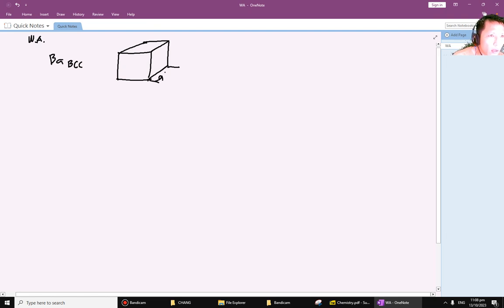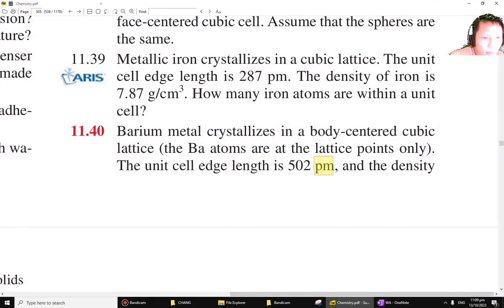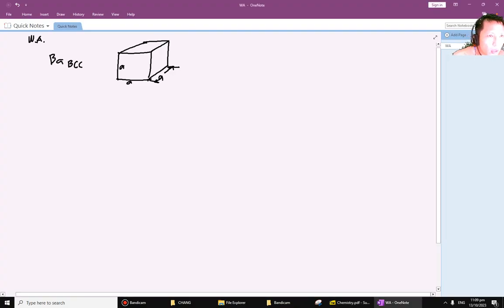Of course, for a cube, they are all the same A's throughout the cube. And then A is 502 picometer, so A is given. So we can already put the pico as negative 12 meter.